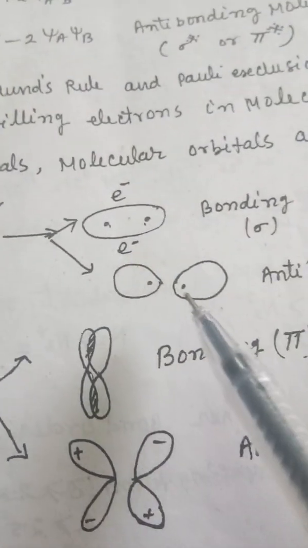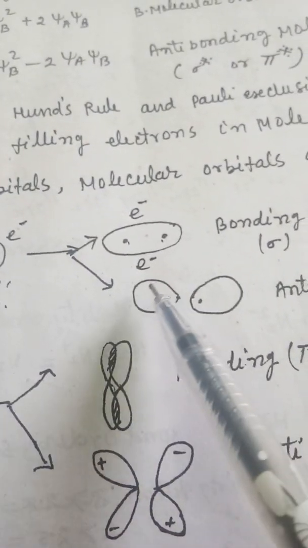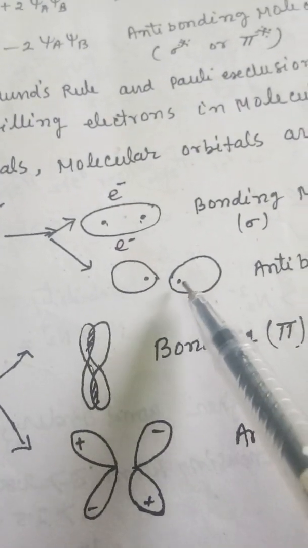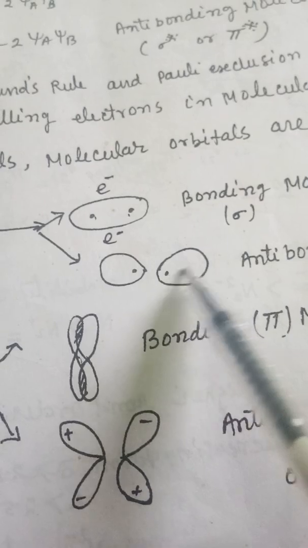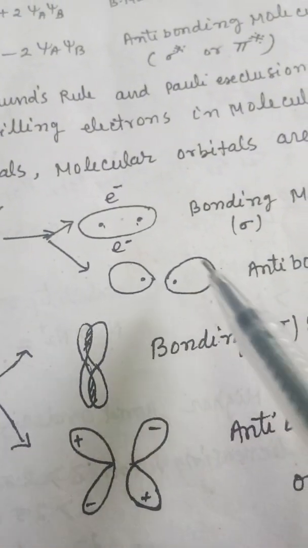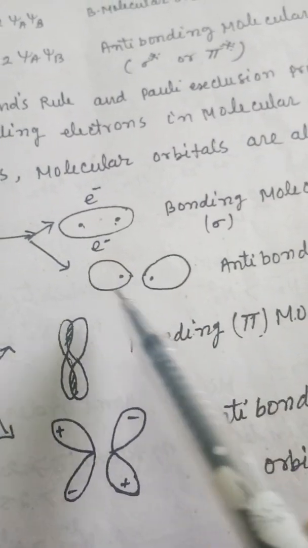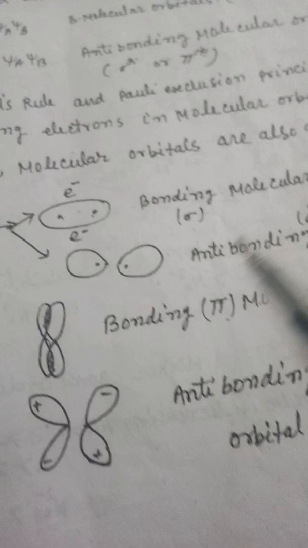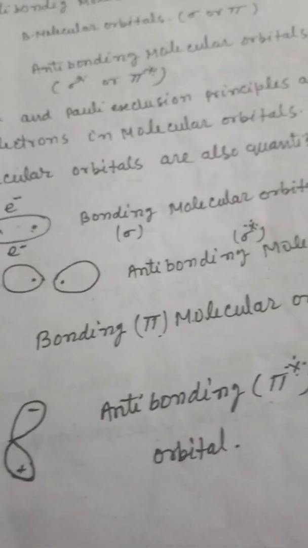So this shows that the electrons of this atom are repelled here, and electrons of this atom are repelled here. So this is the deformed state of the atomic orbital, and this condition is the anti-bonding molecular orbital. So anti-bonding molecular orbital is formed.